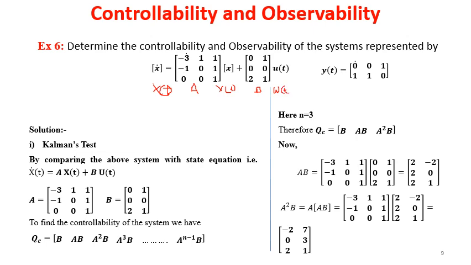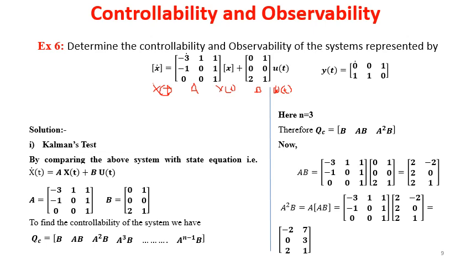Hence we have A equal to minus 3, 1, 1, minus 1, 0, 1, 0, 0, 1, and from this B is equal to 0, 1, 0, 0, 2, minus 1.